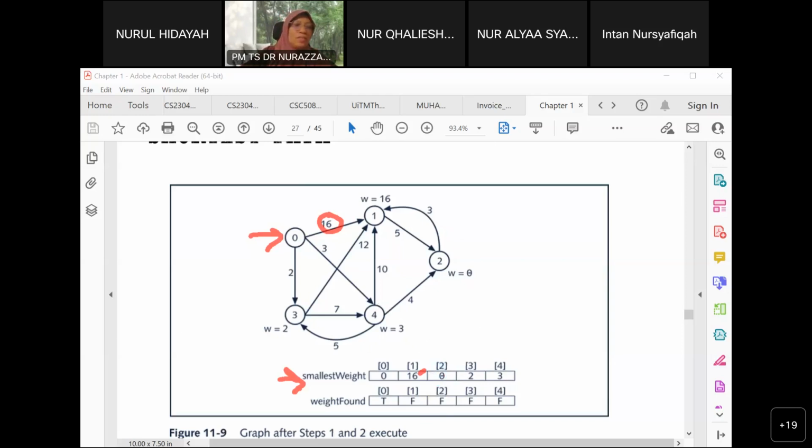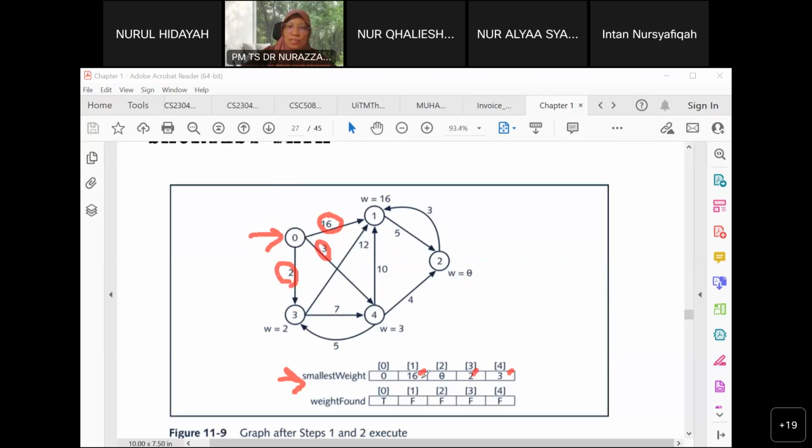And then from 0 to 3 here kan, dia letakkanlah 2 kan. And then from 0 to 4, 3 kan weightage dia, so dia letak dalam ni. This is the first step kan, masukkan.